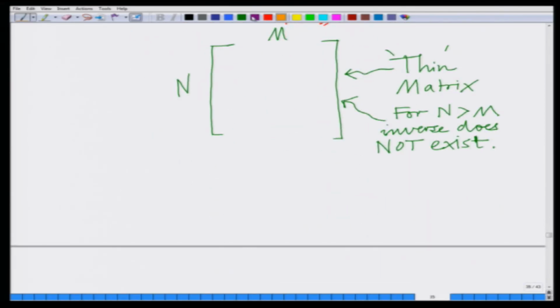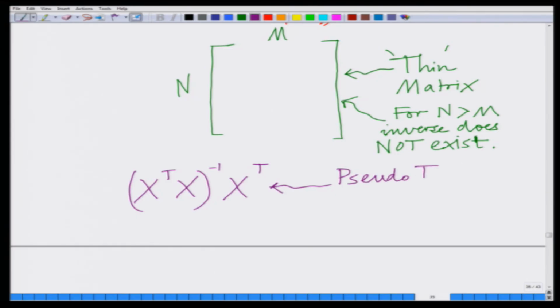This quantity is also known as the pseudo inverse, or the left inverse of your matrix X. Basically, that is the least squares estimate.